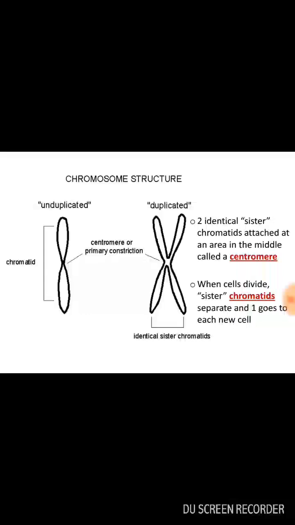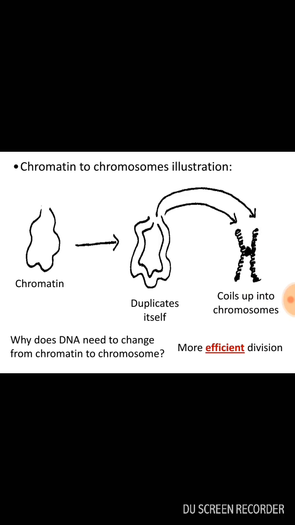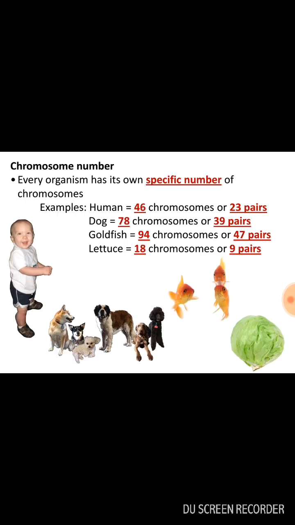So you can see an unduplicated chromosome has a single chromatid and has a primary constriction known as the centromere, whereas a duplicated one has two chromatids. Now this is how the chromatin gets changed into chromosomes, and whenever DNA replication is occurring, the chromosomes also get duplicated to give us a structure as we can see in the third figure.